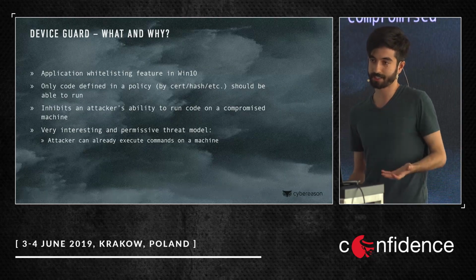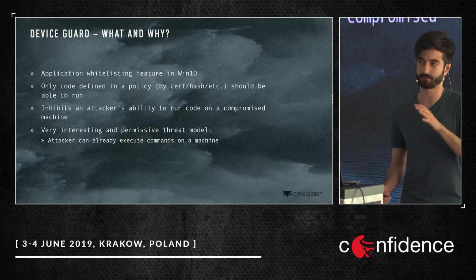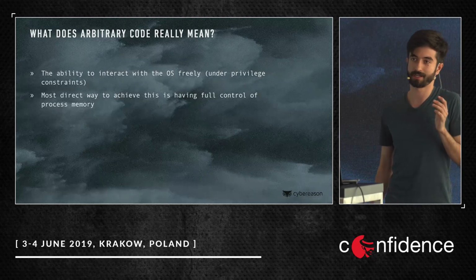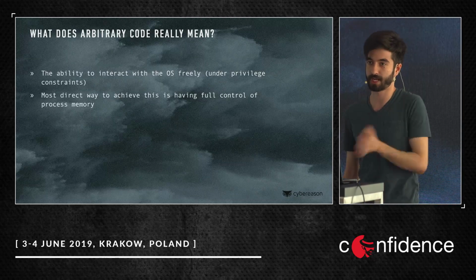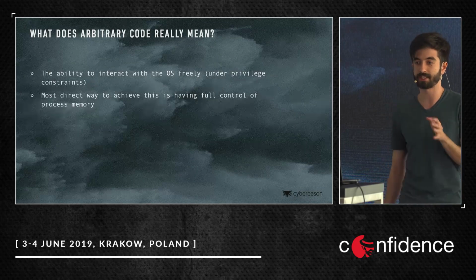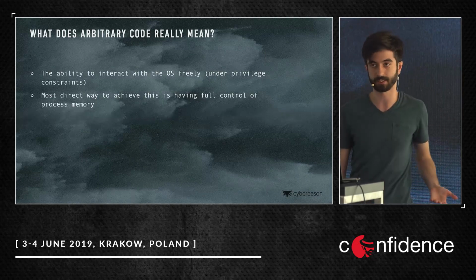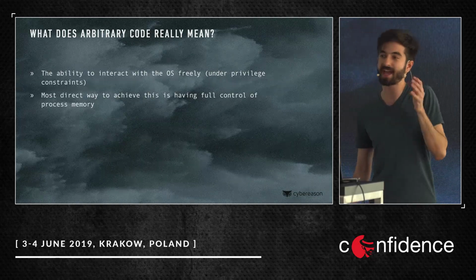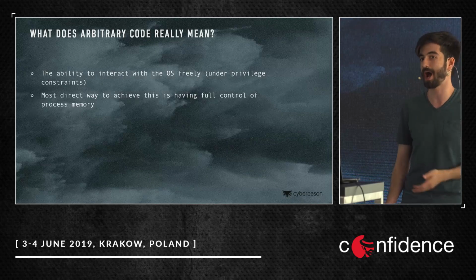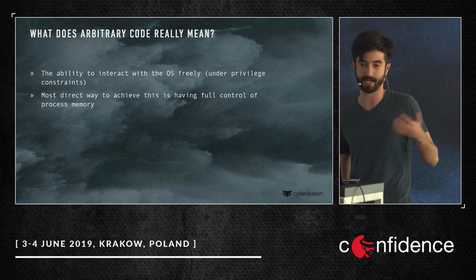Now, to understand how these features protect against arbitrary code execution, let's give a more specific definition of what I mean by arbitrary code execution. What I mean is the ability to interact with the OS freely under the constraints of privilege, meaning that I'll be able to ask the OS to let me do pretty much anything, and I may get the answer that no, access denied, but I still should be able to ask.